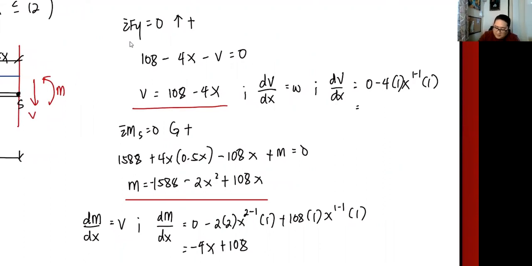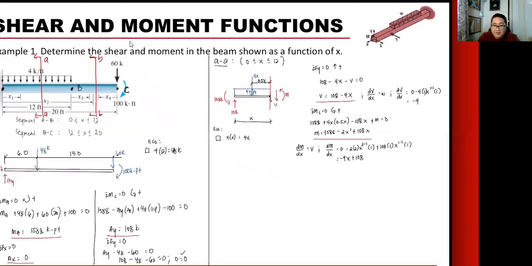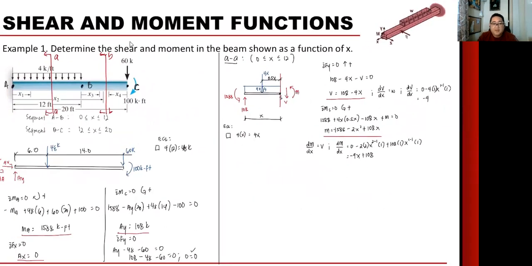So negative 4. Sabihin negative 4 dapat. So dapat downward na loading na 4 yung value natin, which is indeed a beam na negative 4 downward yung ating value. So this is our answer. So ibig sabihin correct siya. Okay? So yan yung para sa first segment natin na AA.